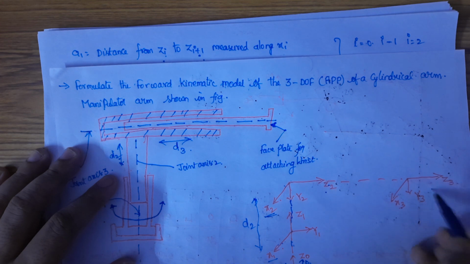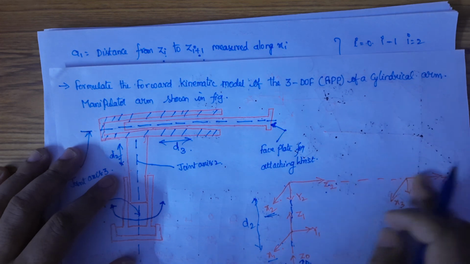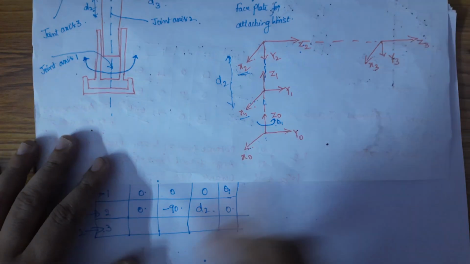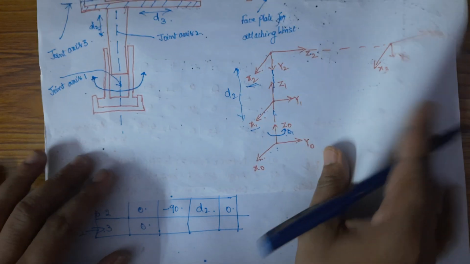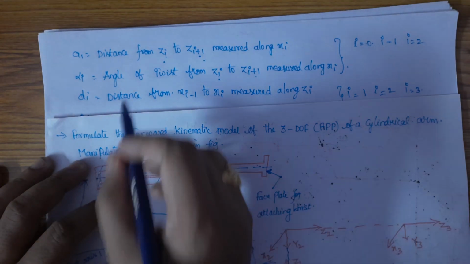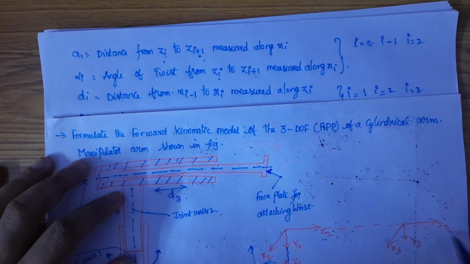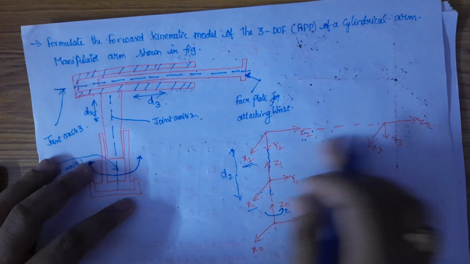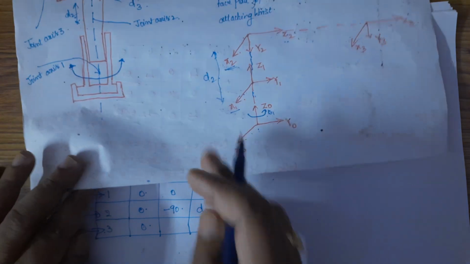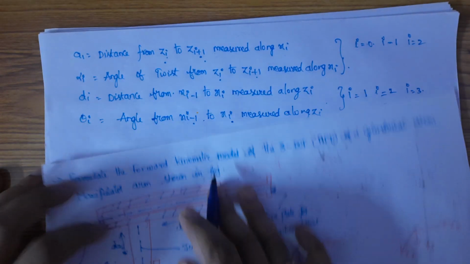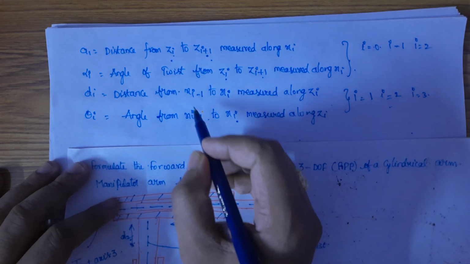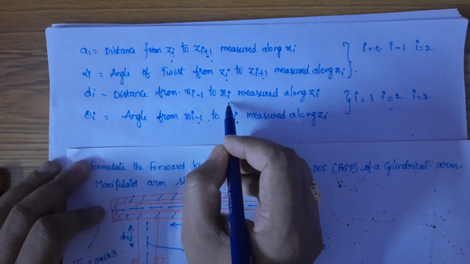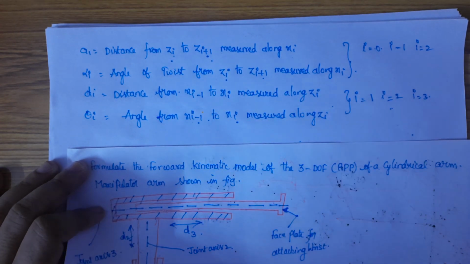Since both are in the same plane, we don't have any distance. Next, angle of twist. z2 and z3 are in the same line and no need to get any offset distance, so we'll be having 0.